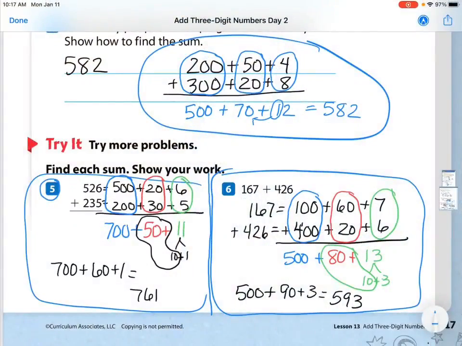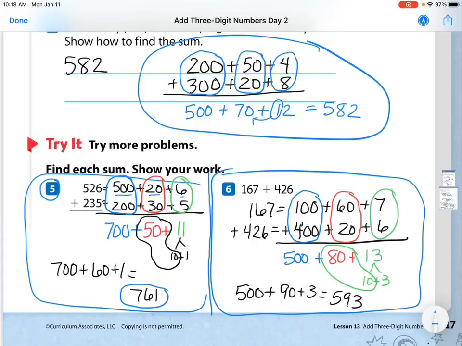Okay, I hope that you got the same answers that I did. For number 5, my total answer was 761. And what I did was I split up the numbers into place value, I used the expanded form. And so 526 is the same as 500 plus 20 plus 6.